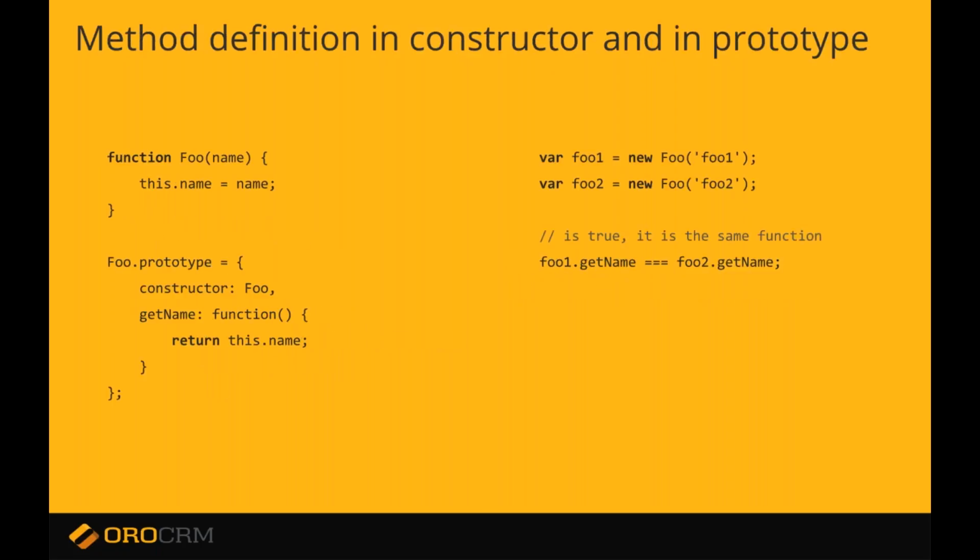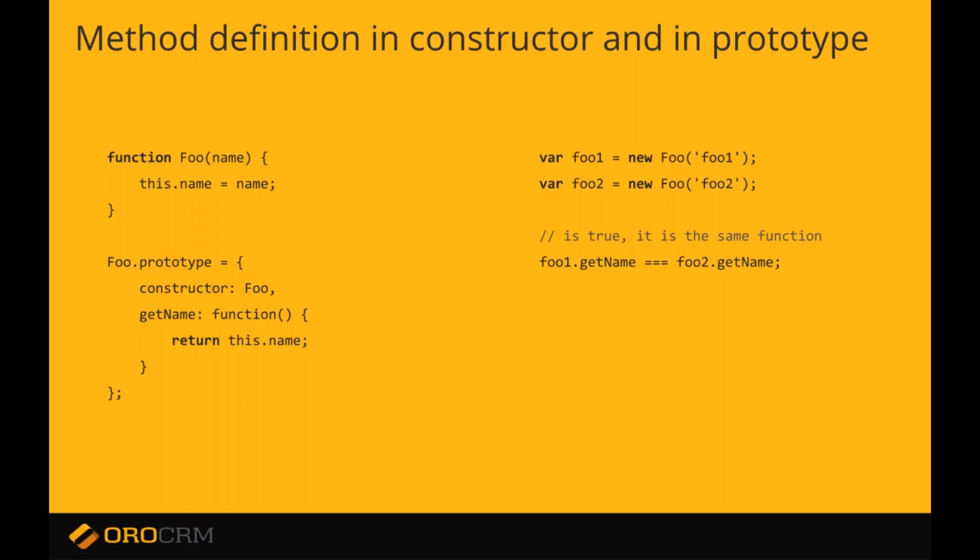Let's go further. There are two ways to define a method for the instance. The first we have seen in previous examples. We create a constructor, we create a prototype, and we put the method into the prototype.